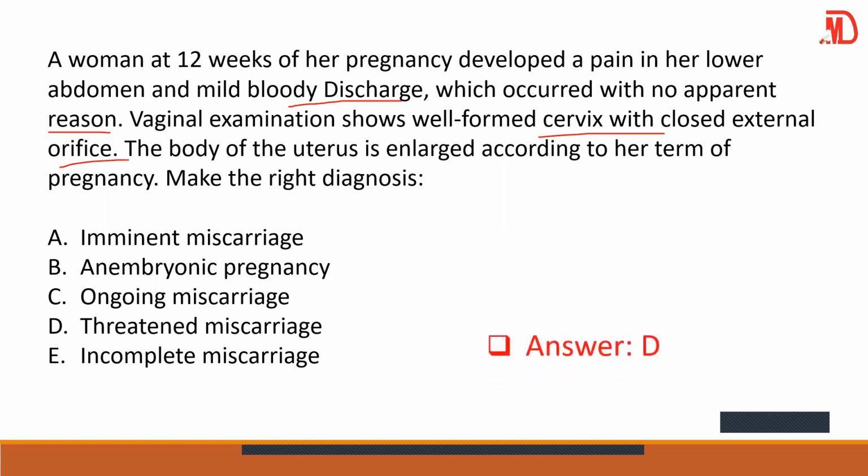A threatened miscarriage. In my other videos, I've talked about the different types of miscarriages. We have the silent miscarriage, the imminent or inevitable, the incomplete, the complete abortion, and the missed abortion. All of those things are there. So please find time to go to some of my notes and you will appreciate some of these things better.